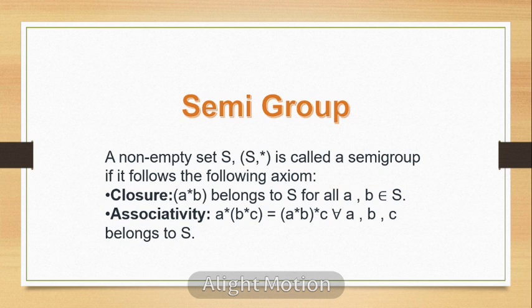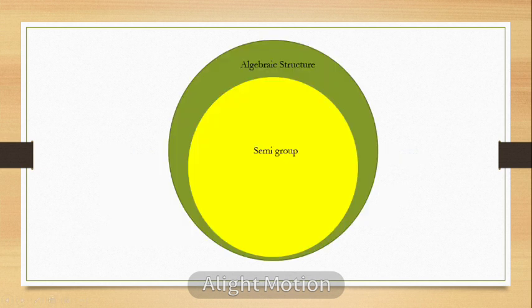It says a non-empty set S, defined as S star, where star is a binary operation, is called a semigroup if it follows the following axioms: closure and associativity, where associative means A star B star C is equal to A star B star C for all A, B and C belonging to S. So we can say that a semigroup is an algebraic structure which also follows associativity. So a semigroup is a subset of algebraic structure.